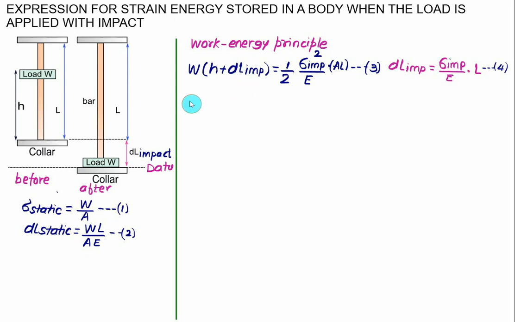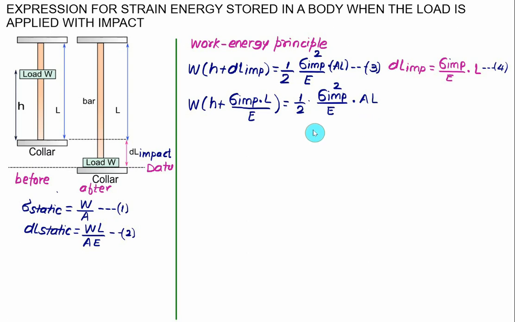In that case, we get W, that is the load W, multiplied by H plus sigma impact, that is the impact stress, multiplied by length L divided by Young modulus E, is equal to 1 by 2 multiplied by impact stress square divided by Young modulus E multiplied by volume, which is A into L.